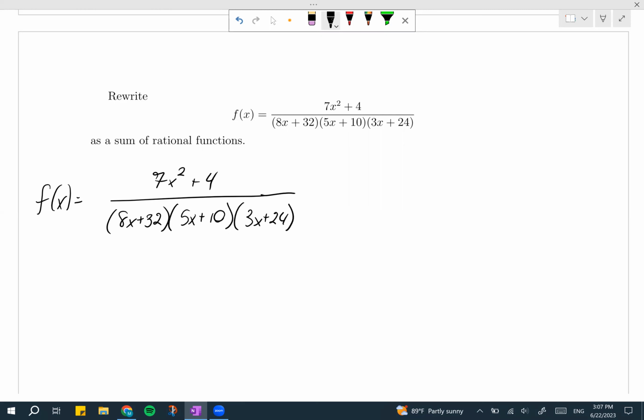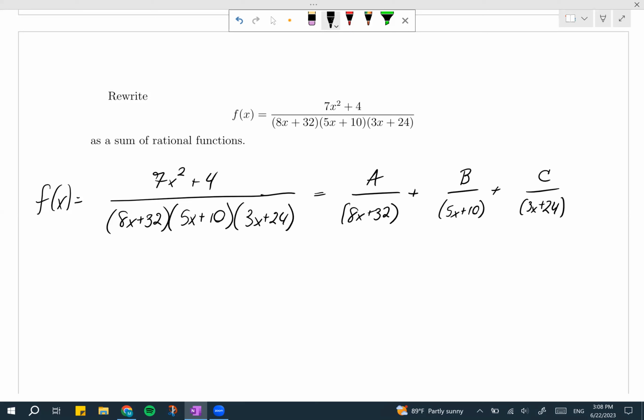They want us to write this as A over 8x plus 32, plus B over 5x plus 10, plus C over 3x plus 24.